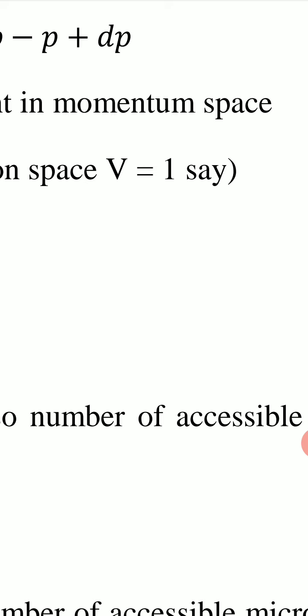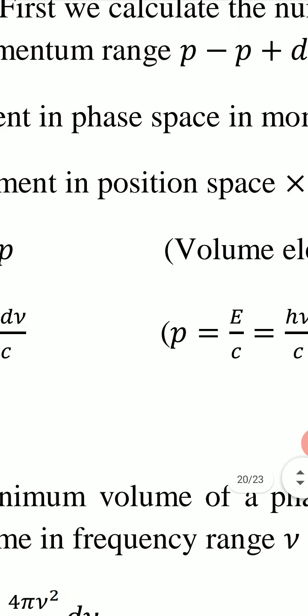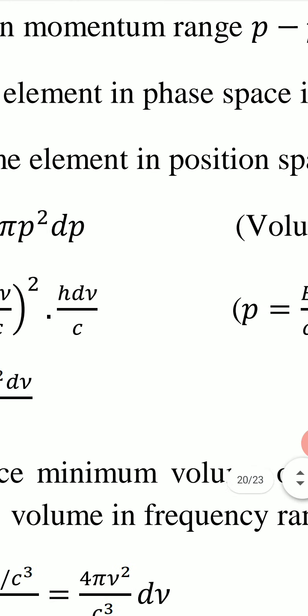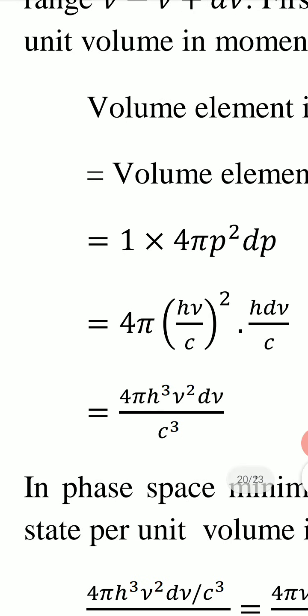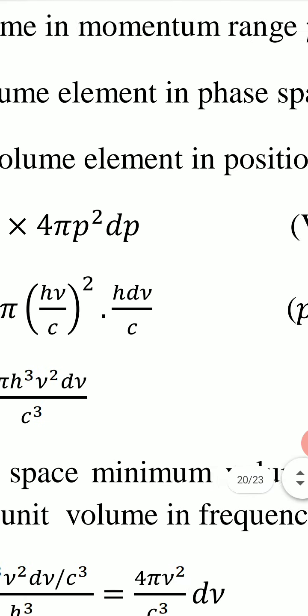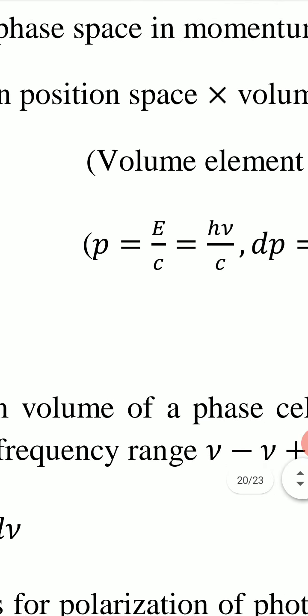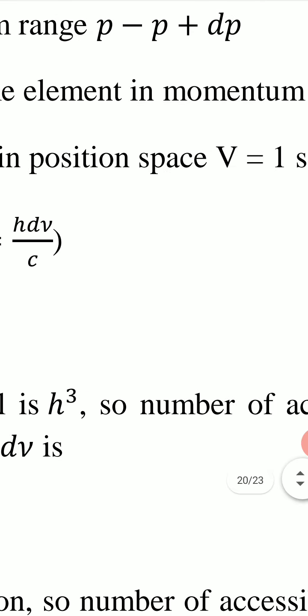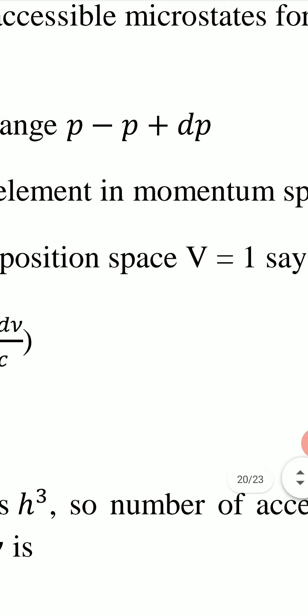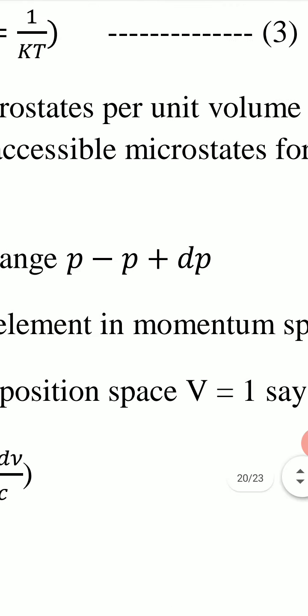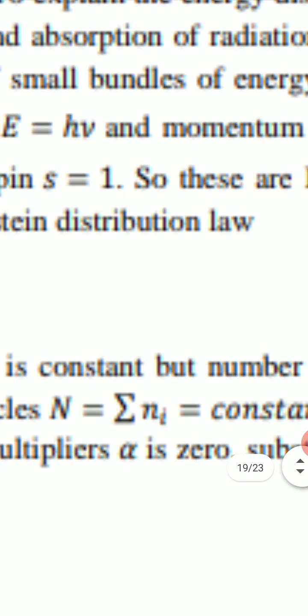One is position space and one is momentum space. The volume element in position space is taken as 1 because we consider unit volume. We want to find the number of microstates in unit volume. So the volume element in position space is taken as 1, and for the volume element in momentum space in this momentum range p to p plus dp, we draw this diagram.